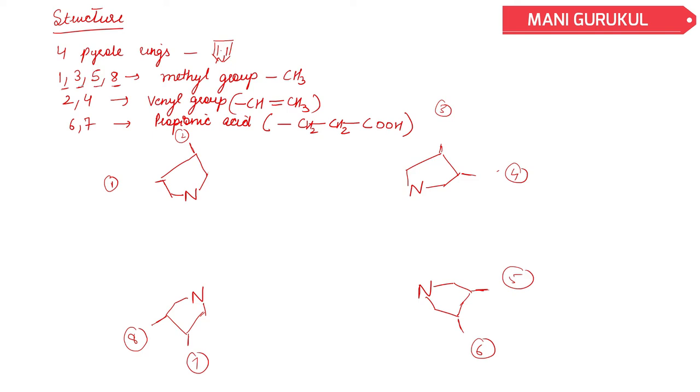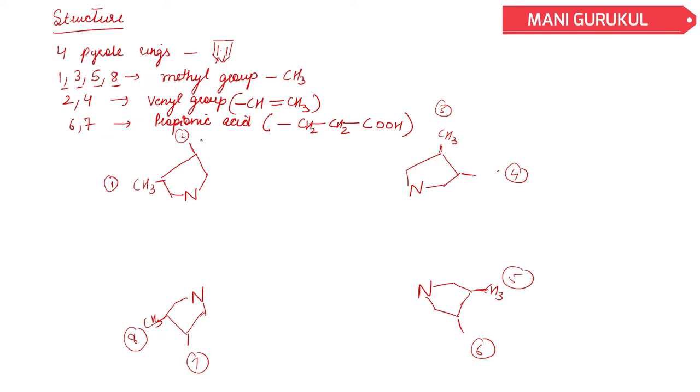Now it is easy for you. On the first position methyl group is present. On the third position again methyl group is present. On the fifth position again methyl group is present. And on the eighth position again methyl group is present.